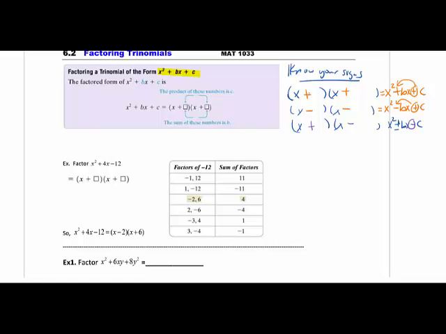So here's again a different summary. That has it written out in format, but here's your summary. If c is positive, which is your last term when you put it in descending order, your signs will match the middle term, which is b.